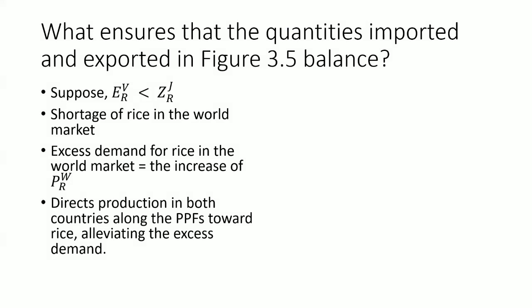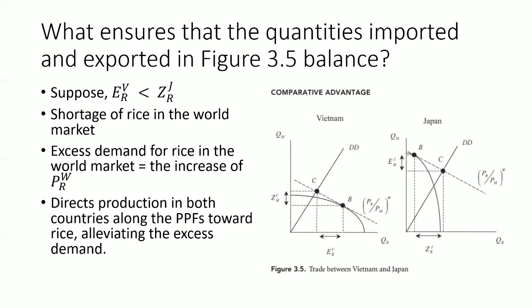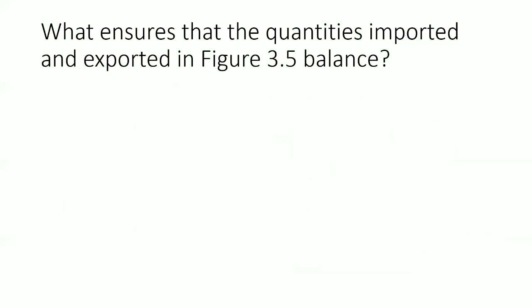This increase would direct production in both countries along the PPFs toward rice, complementing the excess demand. As you can see, that's the curve, the same as the previous curve.